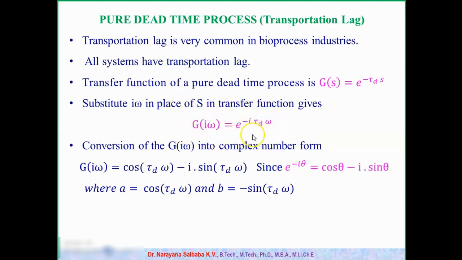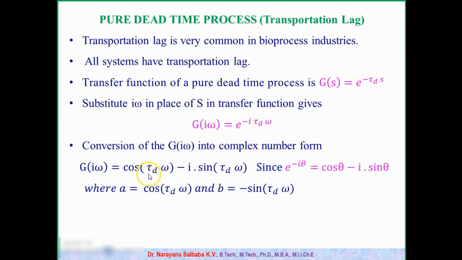Second step is to write this in the general complex number form, that is, A plus iB. To convert that, we use the formula e power minus i theta equal to cos theta minus i sin theta. Here, in place of theta we have tau d omega.